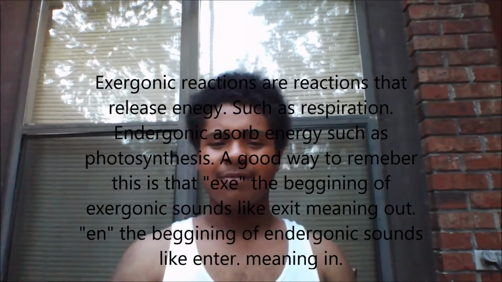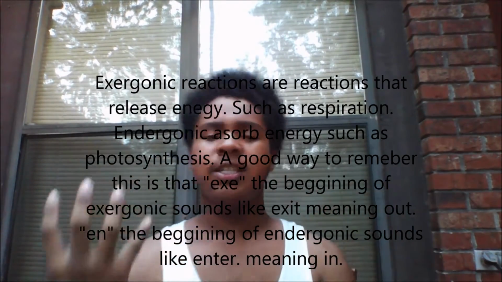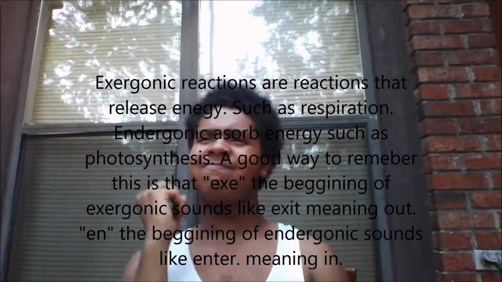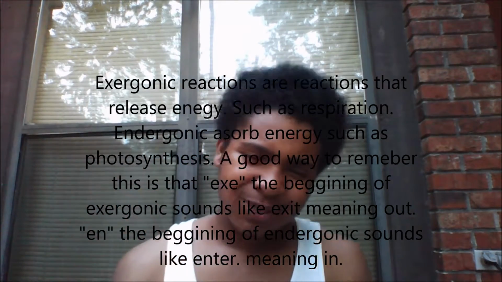Now we're going to talk about energy transfer. There are some chemical reactions that are called exergonic. Exergonic is when energy is released. The example of exergonic would be respiration. You can remember that exergonic means to release because it has a little X, like exit, like out.